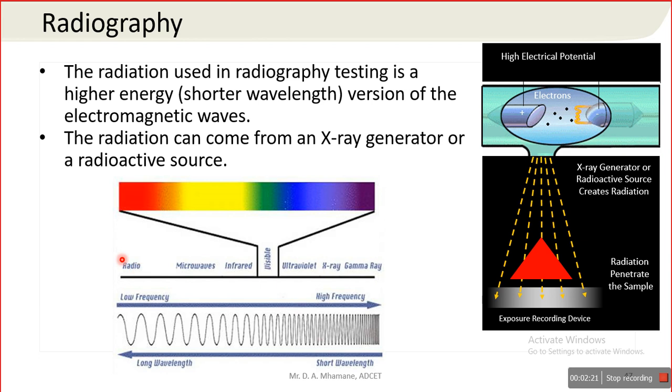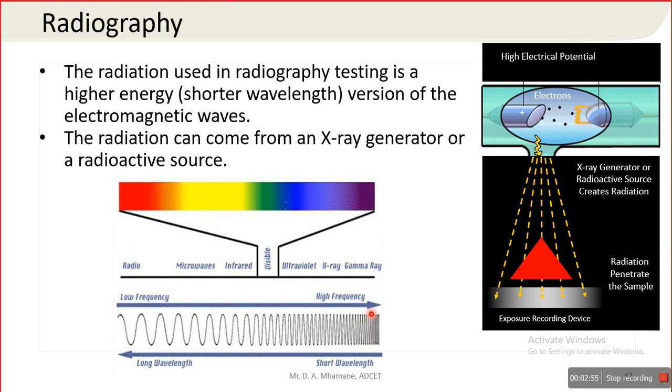This is radio wave, which has very low frequency, then microwave, then infrared, visible light which has 7 colors, ultraviolet, then X-ray and then gamma. The X-ray and gamma ray, these two rays are used in the radiography technique. These rays have higher frequency and shorter wavelength. Wavelength and frequency are inversely proportional to each other.